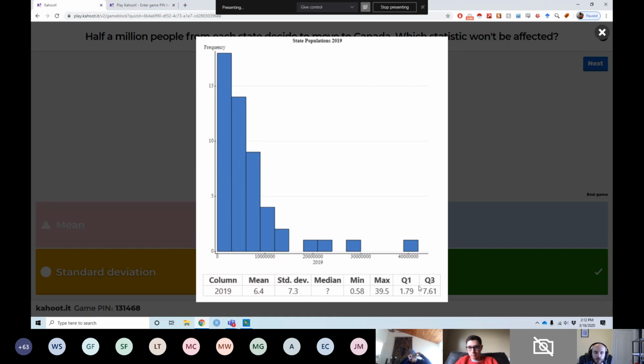So your measures of spread, the standard deviation and your IQRs, aren't affected by just adding or subtracting the same number to everybody. But your measures of location, your means, your medians, your mins, maxes, Q1s, and Q3s, will be affected by shifting or scaling. You just add or subtract whatever number to your statistics, your measures of location, and you get your new means and your new medians and your new Q1s and Q3s.